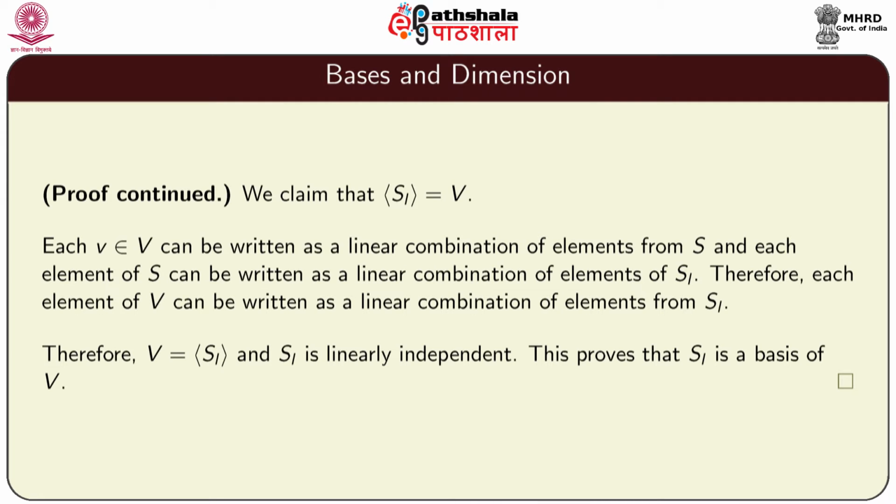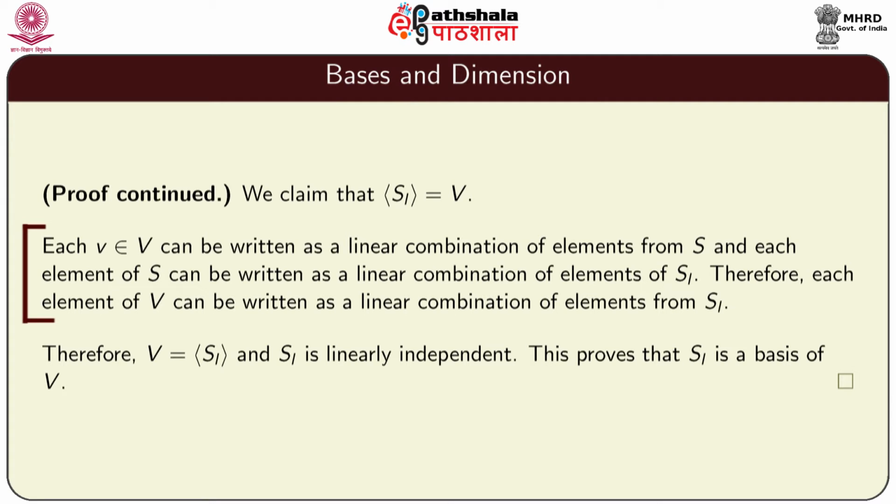Why is that so? Each vector v in V can be written as a linear combination of elements from S, and each element of S can be written as a linear combination of elements of SL if S is contained in span of SL.